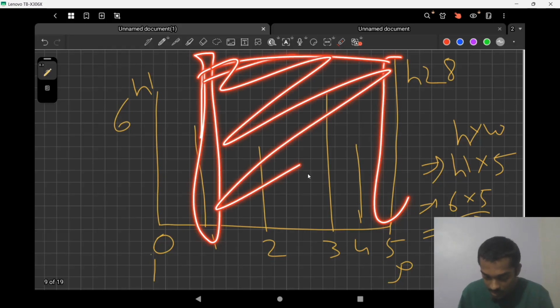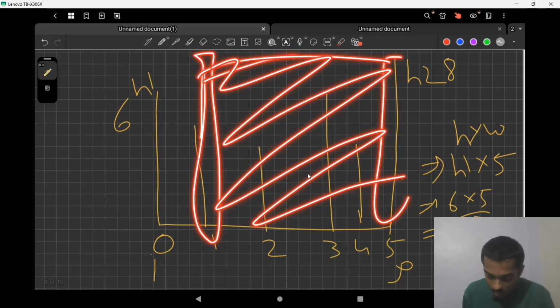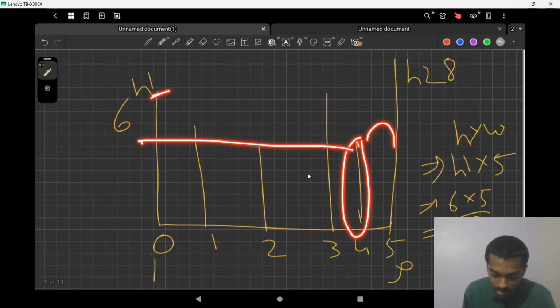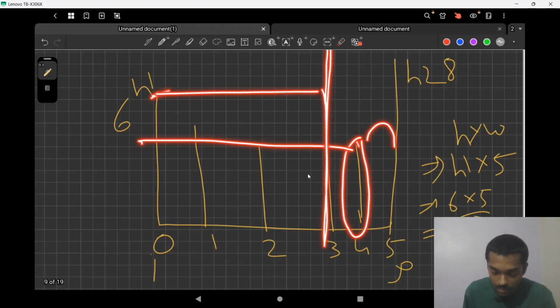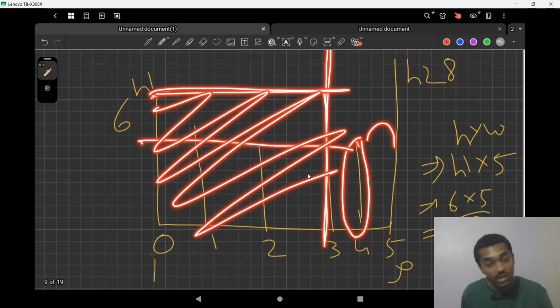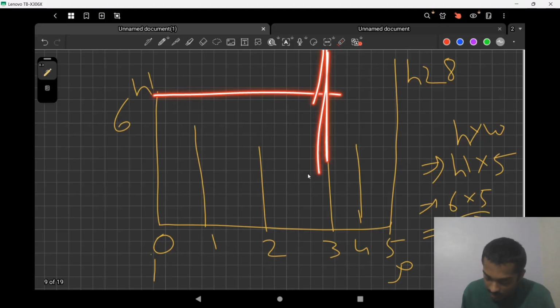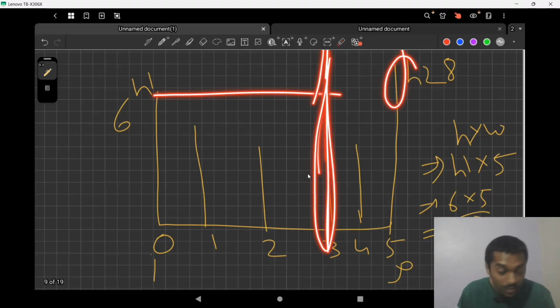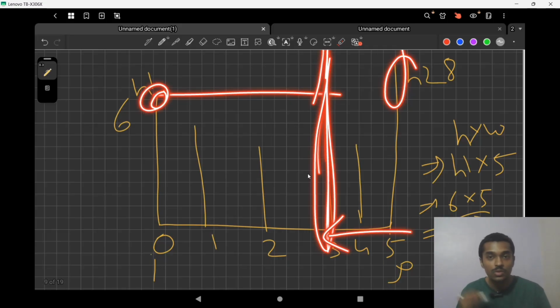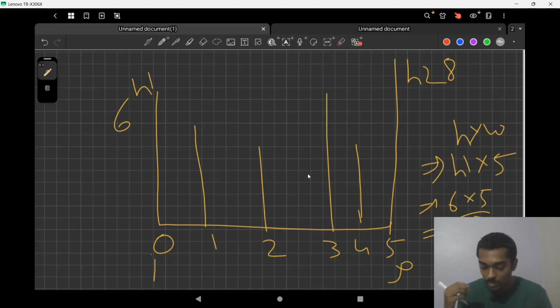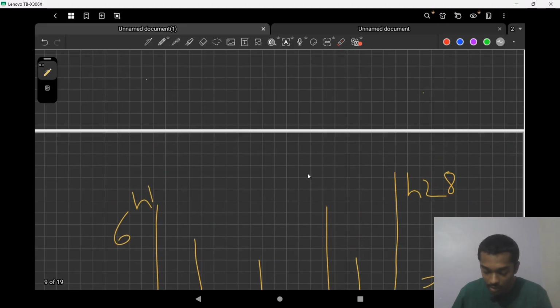But if we move this pointer, even if the other height is greater than our h2, our height is still going to remain the same, because height is the minimum, but our width is decreasing. That's why we have to keep our h2, which is greater. So by this observation, now let's dry run on this question.